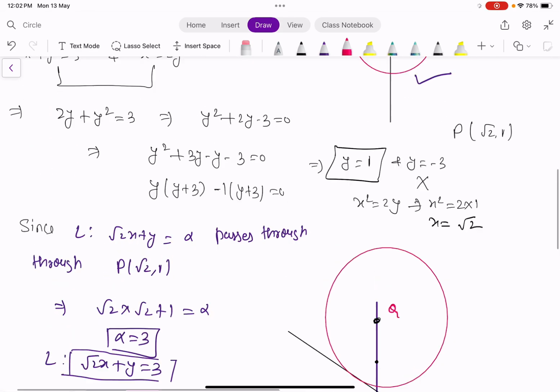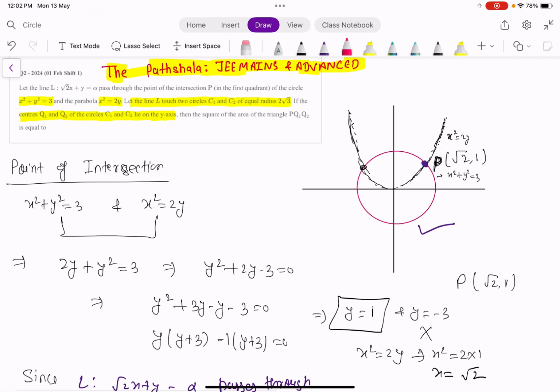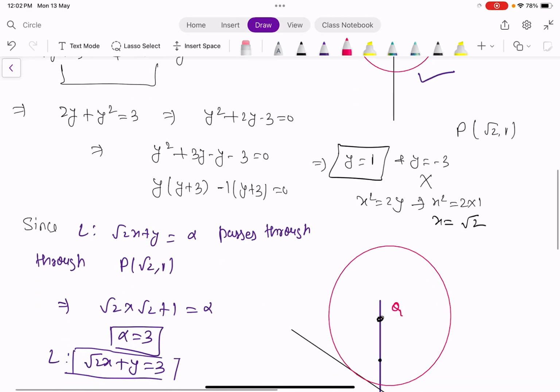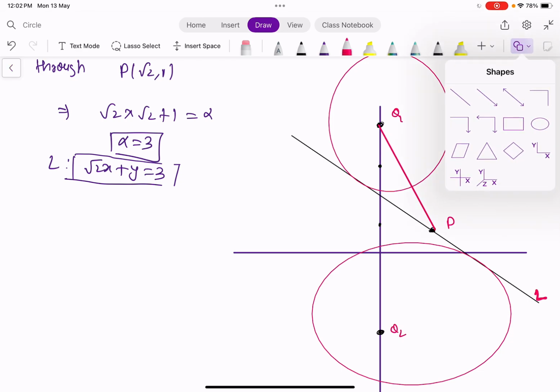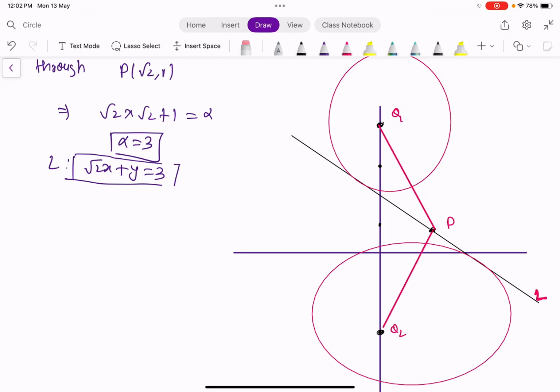Now what are they saying? They are saying the square of the area of the triangle PQ1Q2. So what is the point P here? P is some point here itself. If you wanted to find a triangle, this is P, Q1 and this is Q2. Already P we have now, root 2 comma 1.